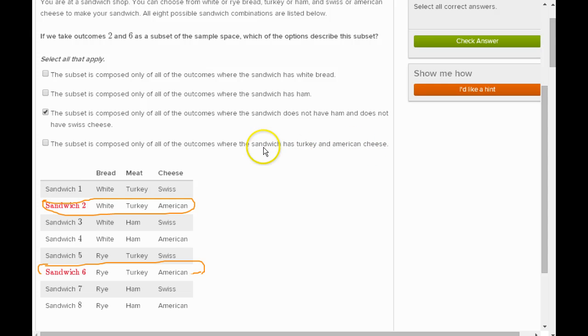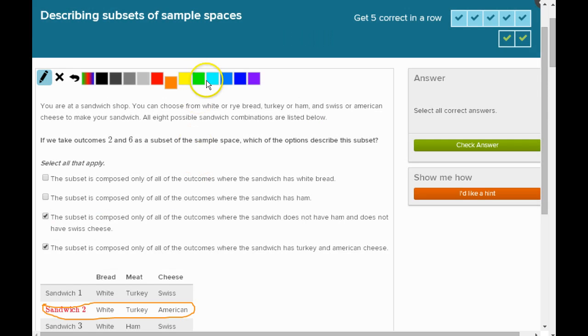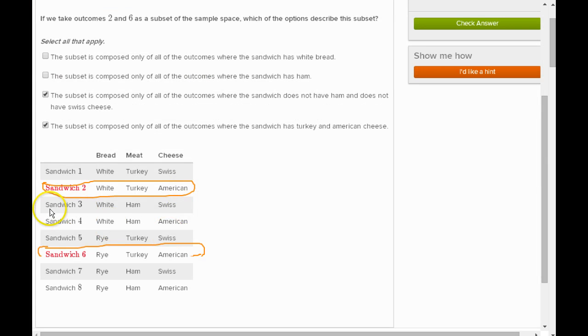The subset is composed only of all the outcomes where the sandwich has turkey and American cheese. Oh, wait a minute. That sounds like it's also correct. I've got turkey and American here, turkey and American there. So turkey and American looks correct. This one says not ham, so let's get rid of those that are not ham real quick. That would get rid of this one, and this one, and this one.